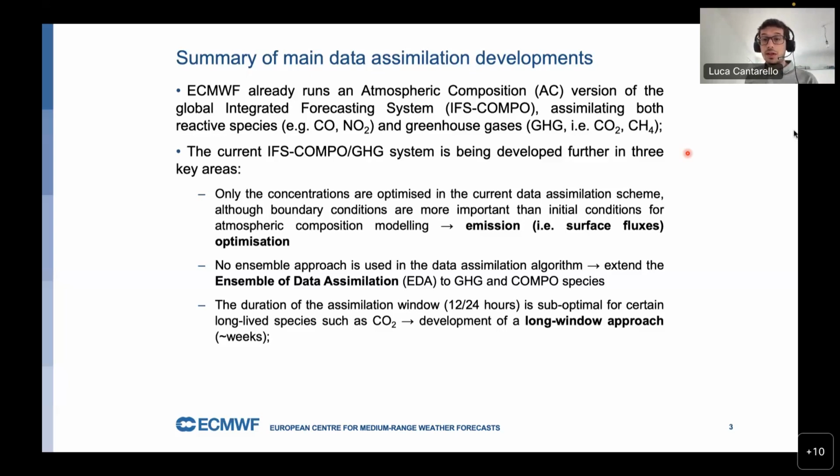And then the last bit, which is still a bit under development, is working on the duration of the assimilation window, because currently we have 12 hours, so we can also use a 24 hours assimilation window, but this is still something that comes from the NWP system, and for long-lived species like CO2 is probably suboptimal, and we need a much longer window, and so that is also some work that we are doing.